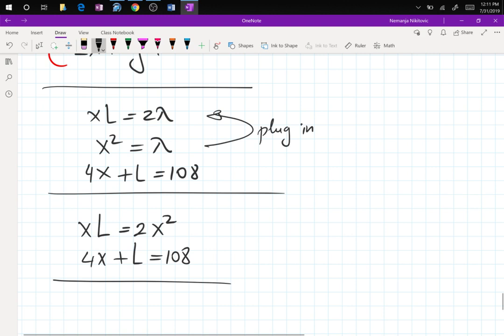So you can solve this any way you want. We'll solve for L over here, which is 108 minus 4x, and we'll plug that up there.